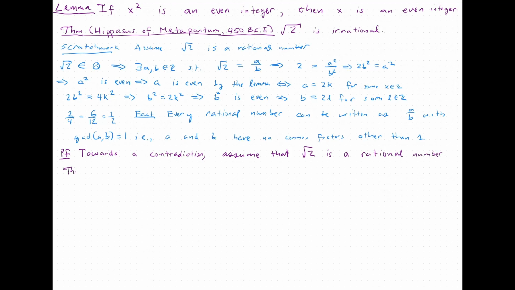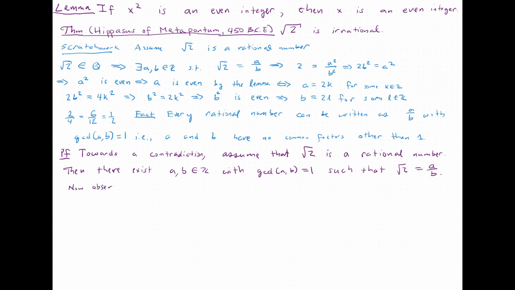Then there exist integers a and b, and now I'm putting in that GCD of a and b being equal to 1, such that the square root of 2 is equal to a over b.